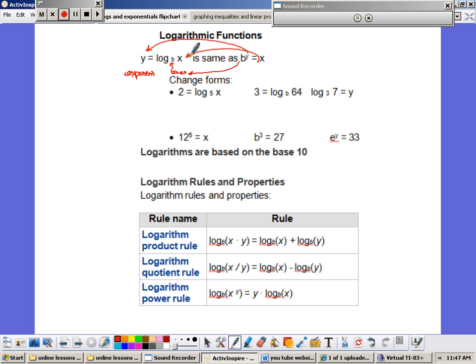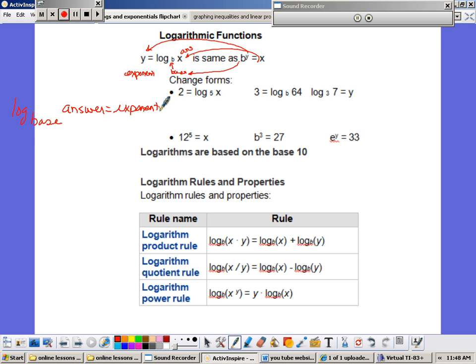And x is your answer. So we switch it into that form. So this is what I like to remember. Base, answer. Let's go back. Keep messing this up, huh? Log of base, answer, equals your exponent.